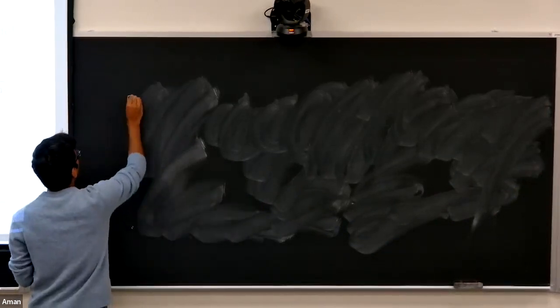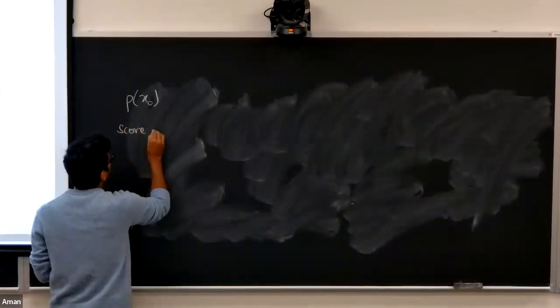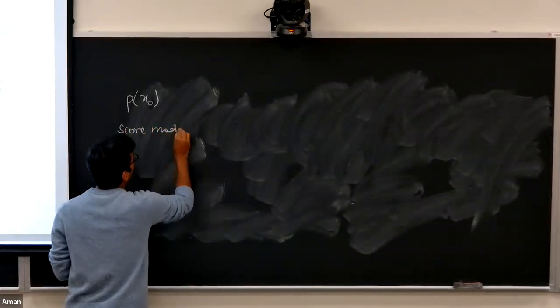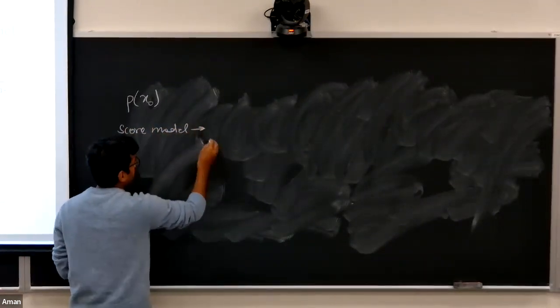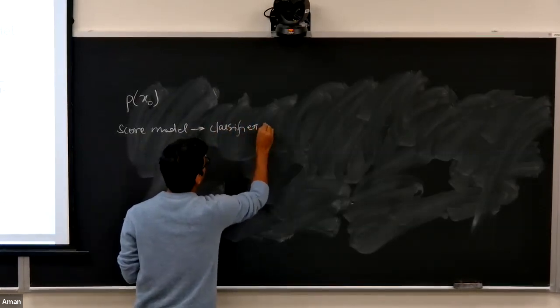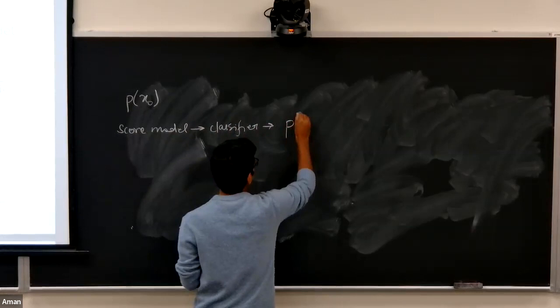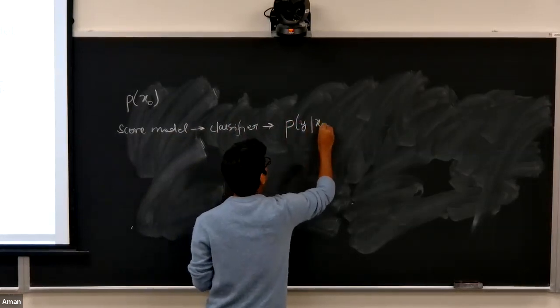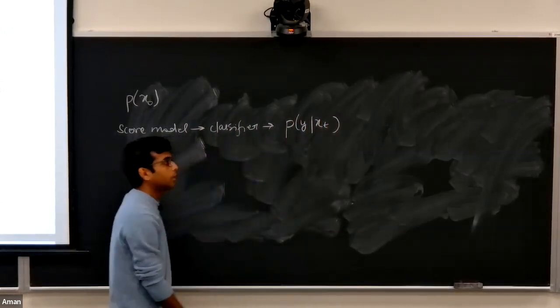Okay, so we have our model P of x naught, which is just generating the data. And what we also have is a score model, which is what your classifier is. So I'll just say the classifier model, which is P of y given xt. Right? And what does this mean?